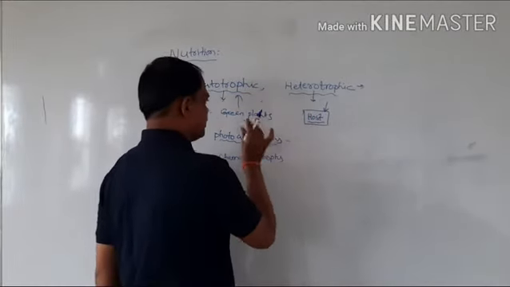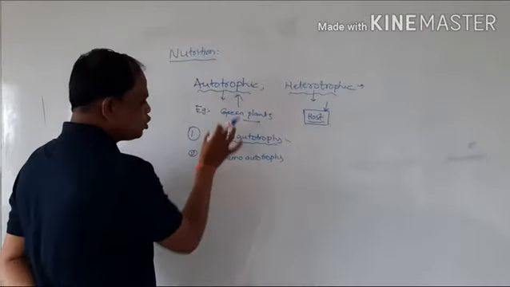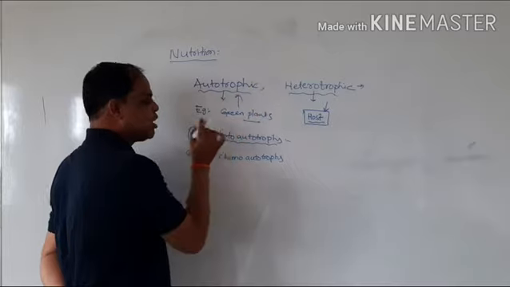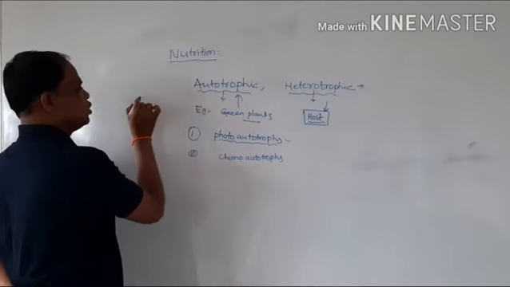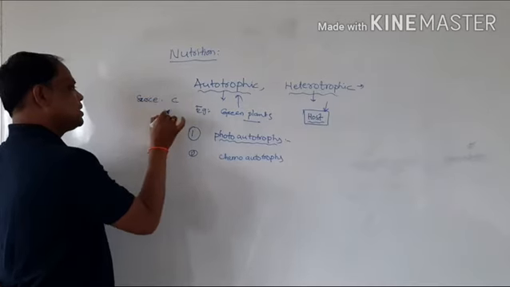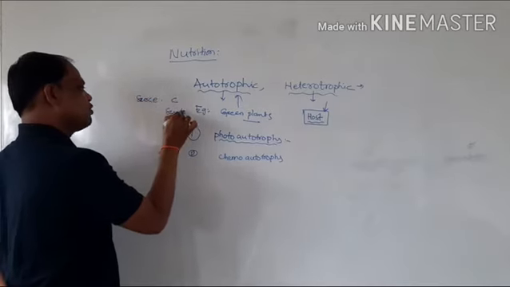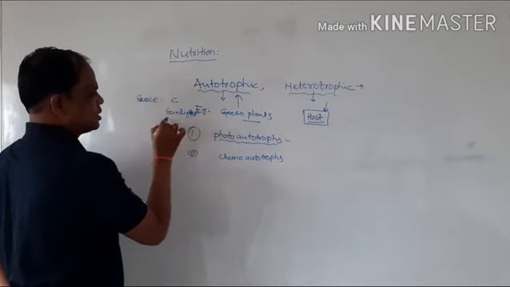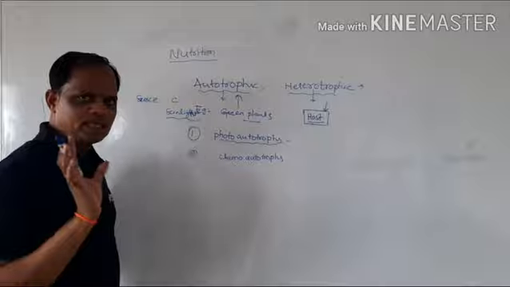These autotrophs are divided based on the source of carbon and sunlight. Photoautotrophic organisms depend on carbon and sunlight.